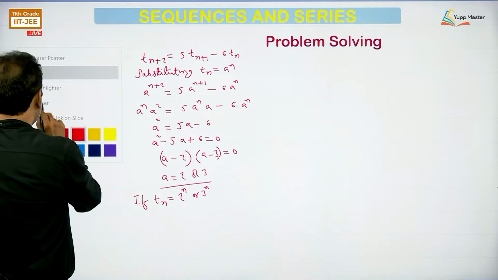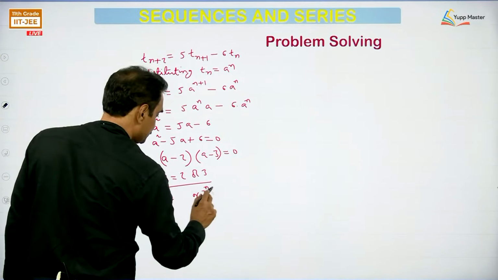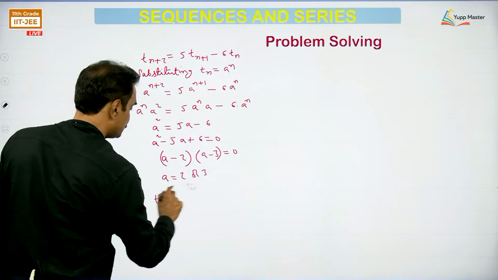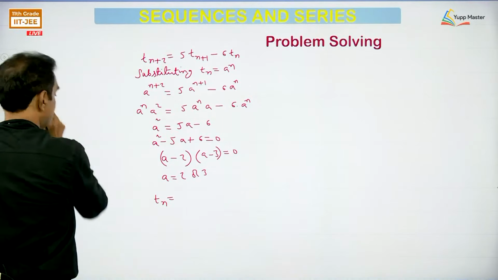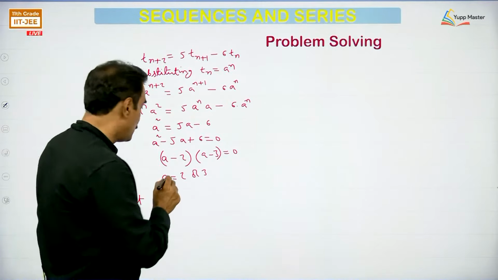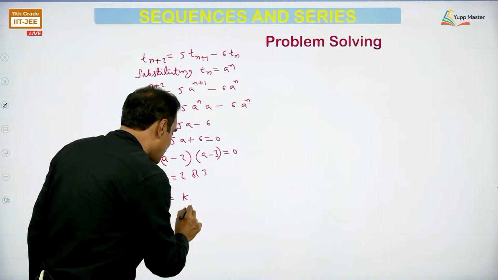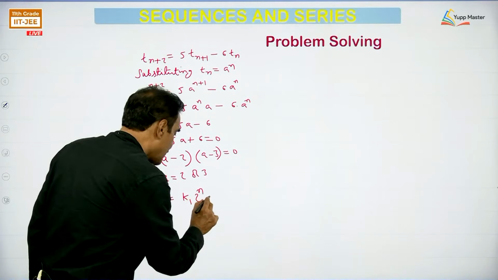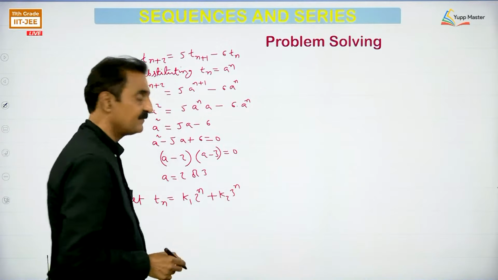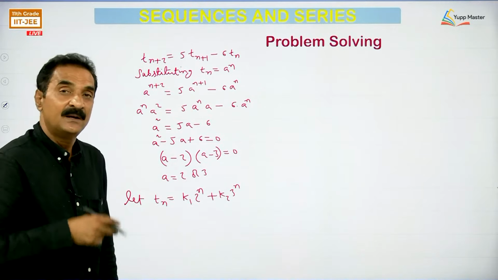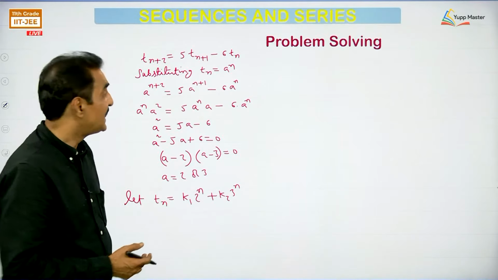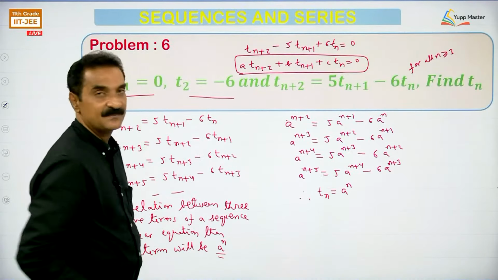So, let us assume that Tn is equal to some constant k1 into 2 power n plus another constant k2 into 3 power n. Now, we have to find the constants k1 and k2 satisfying these two conditions.